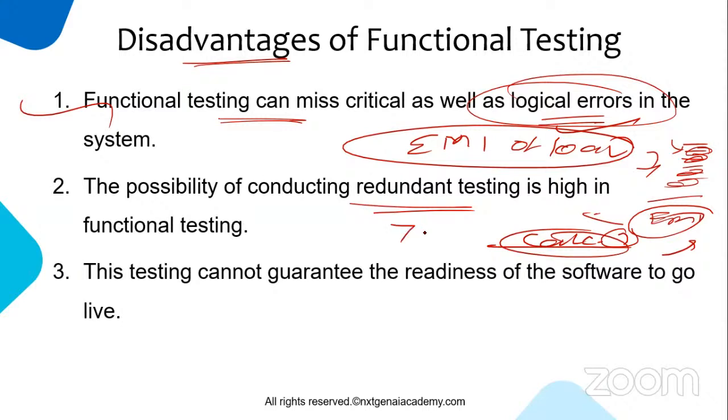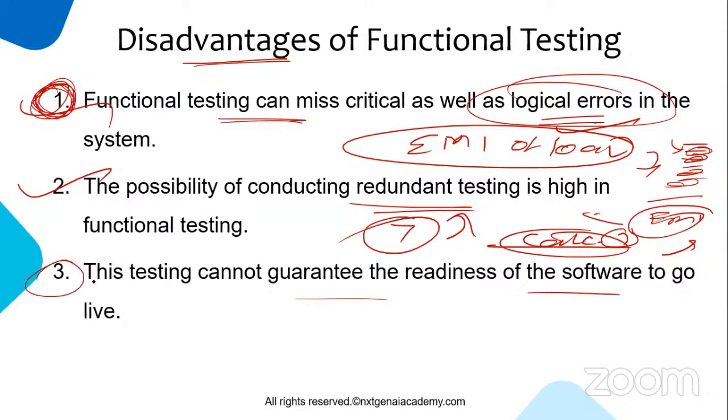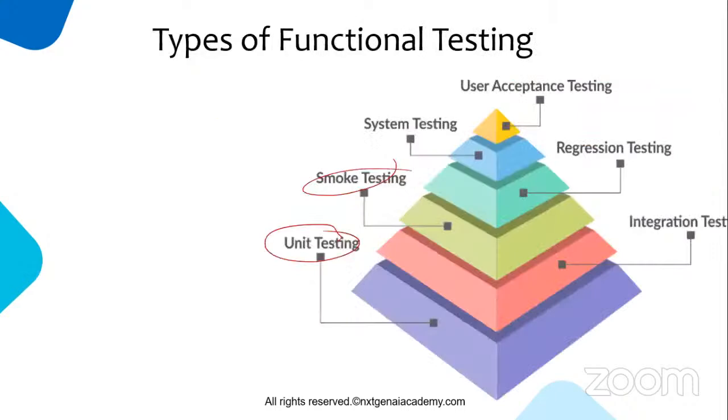That is what I said, the 7 principles; you have to apply them, then this problem will be resolved. This is quite complicated and not easy to resolve. Also, testing cannot guarantee the readiness of the software to go live. Again, this is a 7 principle: after testing also, we can't say it is perfect. Sometimes we may test a wrong requirement, and we will get some other issues too.